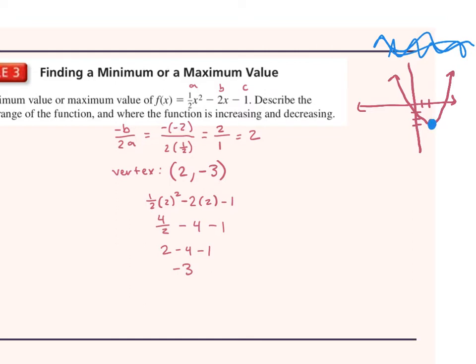So our vertex is what we're looking at for max or min. So it's always going to be a minimum when we open up. So just think when you are determining whether it's a max or min, you look at the vertex. Is the vertex at the lowest point of the graph or is it at the highest point of the graph? So here it's at the lowest, so this would be a minimum. What is our minimum value?